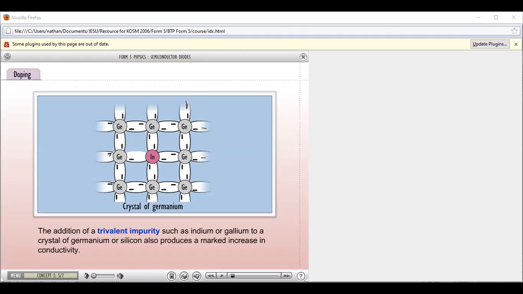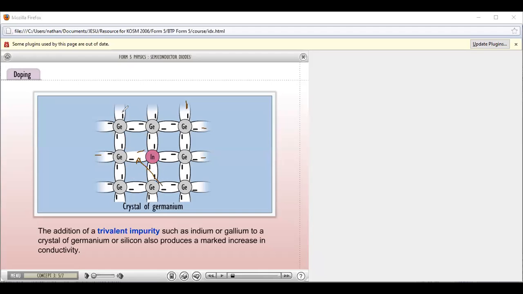If you look at this atom, the bonding is not complete, because there is no electron here. So the electron from the neighboring germanium atom can come and fill up this area.